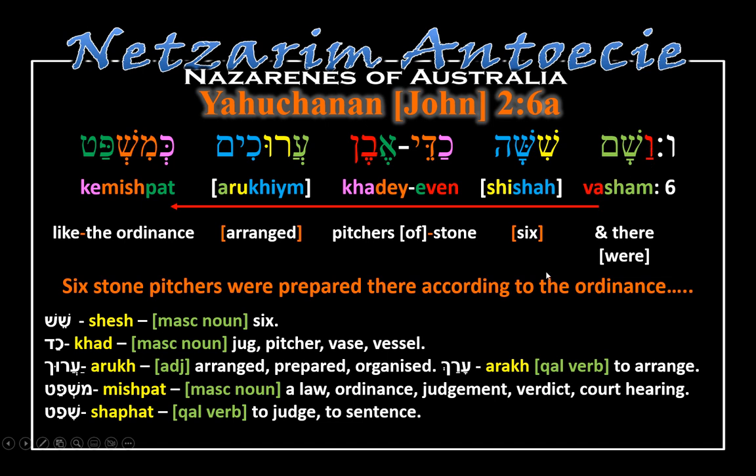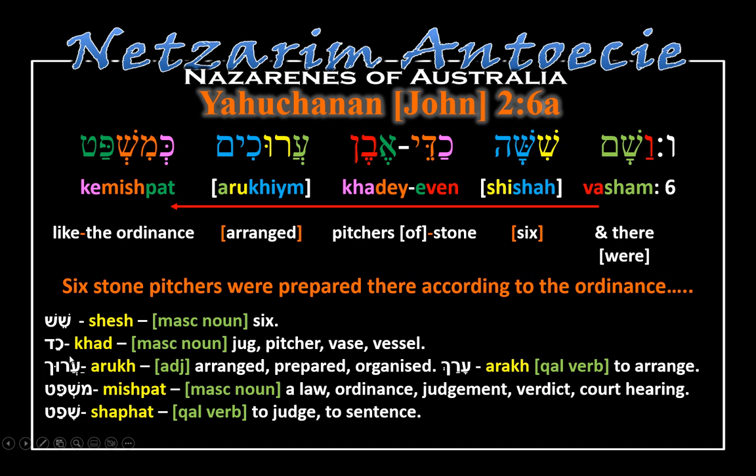Va-sham, and there. And I've included were, and there were shesh. Its meaning is six. If we look down there, shesh is a masculine noun for six. And then we have kadeh even. Kadeh is pitchers.